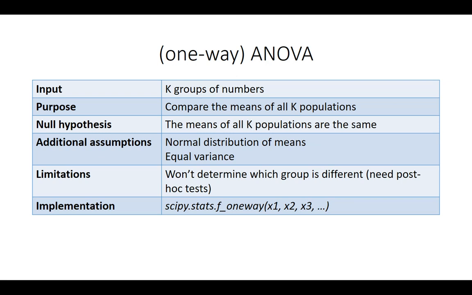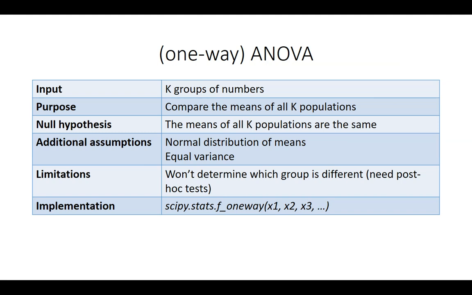And to do that, we need to use what is called post hoc tests, which are more complex, and we won't cover in this lesson. But it will only tell you whether there is some effect. It won't tell you exactly which effect. So that's the downside of these kinds of tests, which are sometimes called omnibus tests, which can only tell whether there is an effect, but they won't tell you exactly which effect.